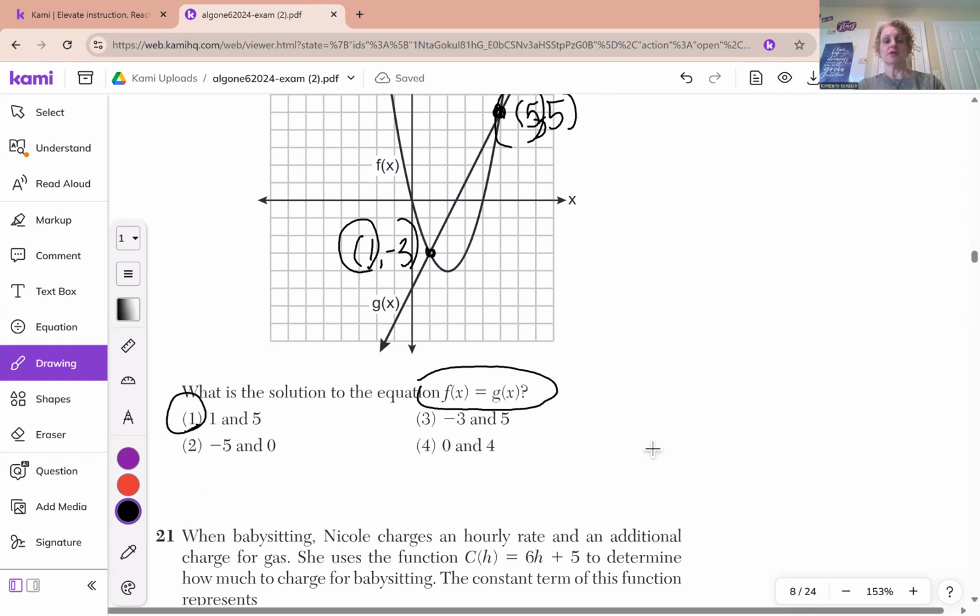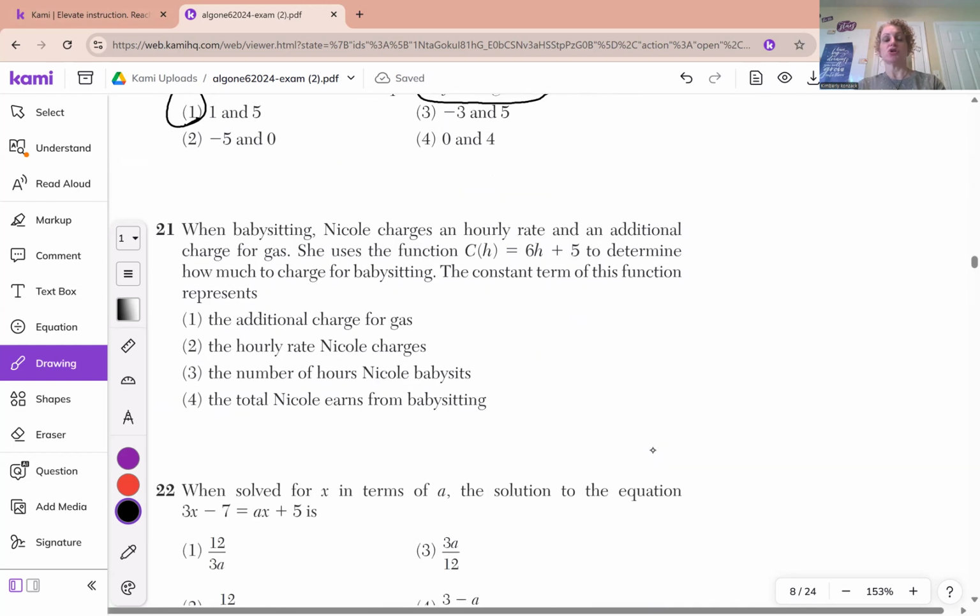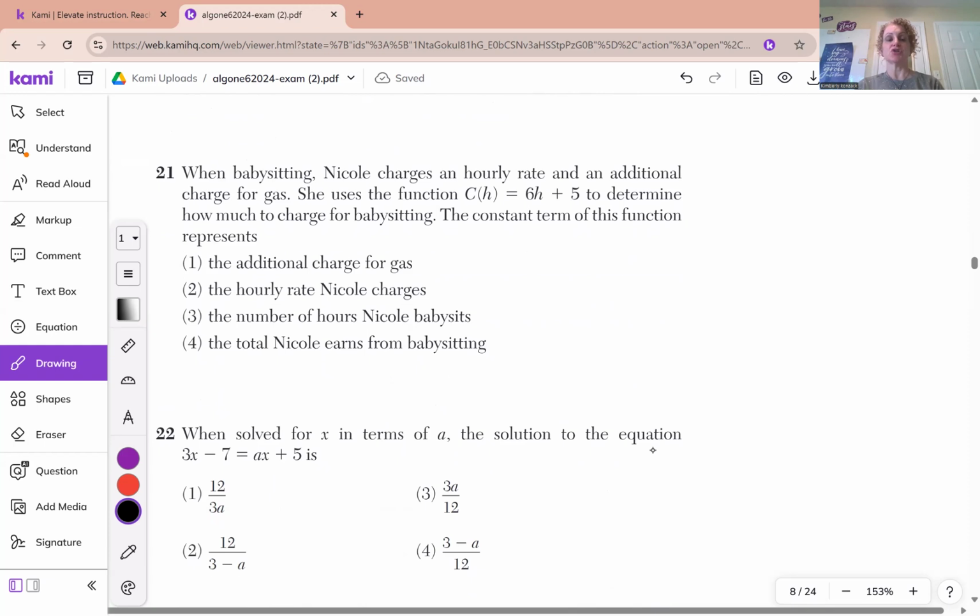Okay, great job. 21. When babysitting, Nicole charges an hourly rate and an additional charge for gas. This question comes up all the time. Linear function, right? That flat fee, and the additional per, right, with the slope. So she uses the function C of H equals 6H plus 5 to determine how much to charge for babysitting.